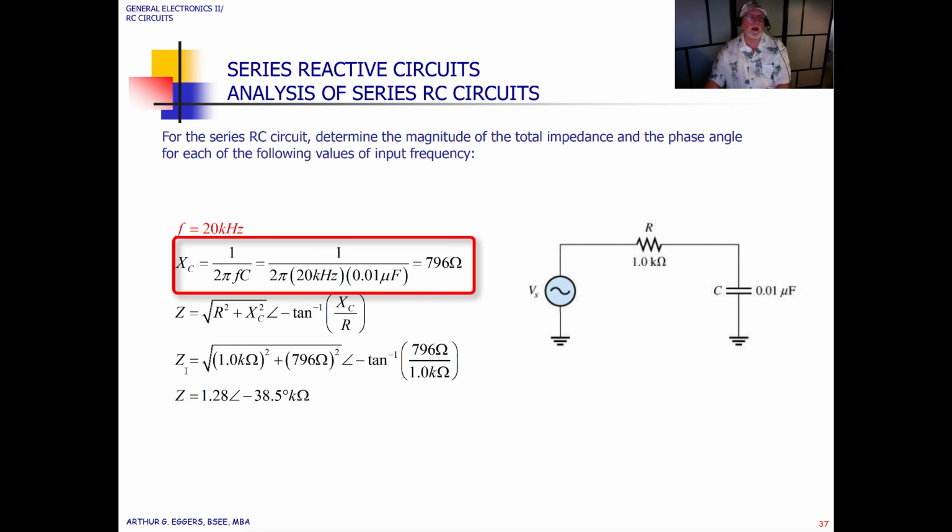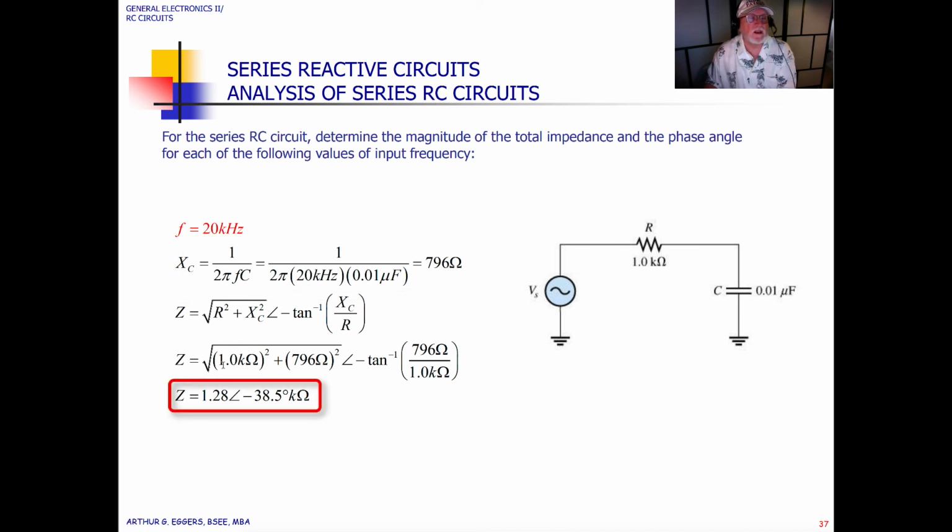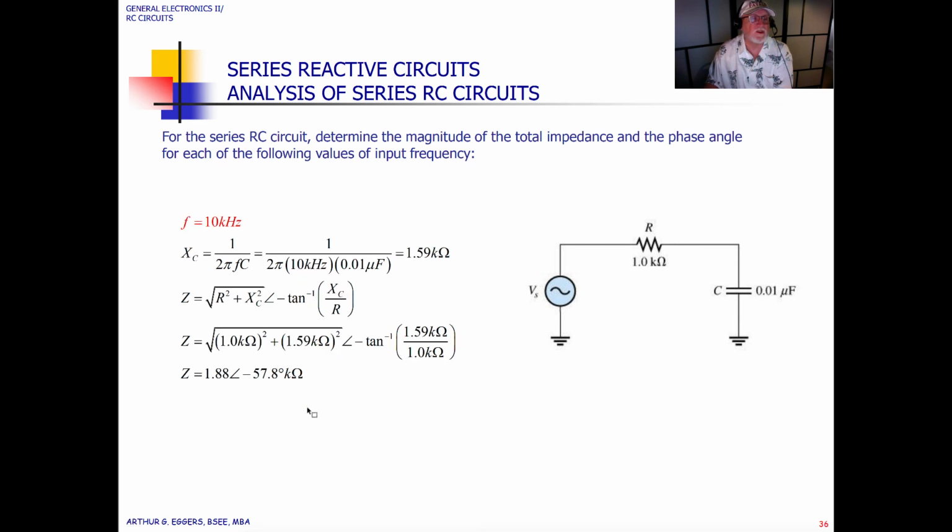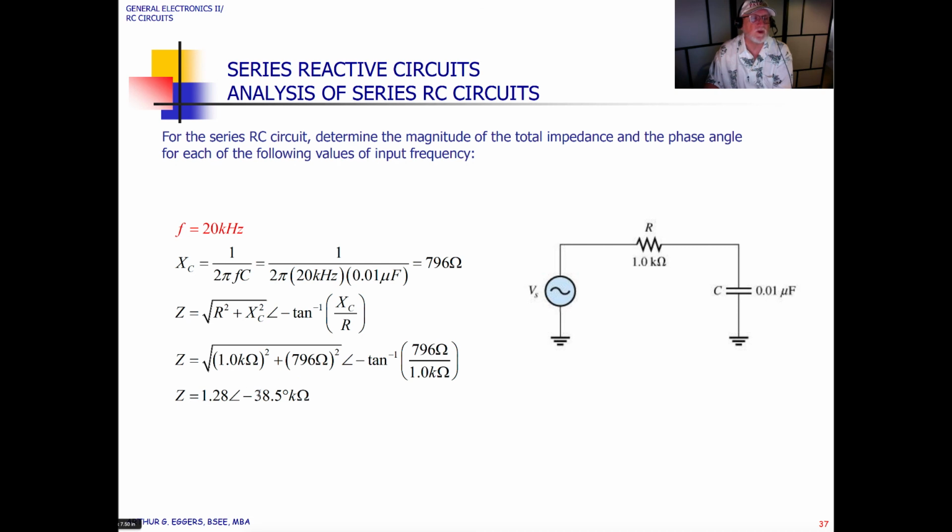Again, when we calculate our network impedance, the resistor stays the same, but the reactance of the capacitor has changed, and so our terms for the negative inverse tangent have changed. Now we have 1.28 k ohms and an angle of minus 38.5 degrees. So 1.88 at minus 57.8 versus 1.28 at minus 38.5.